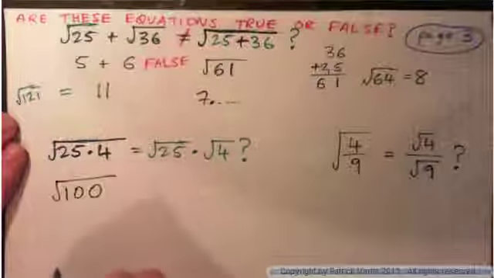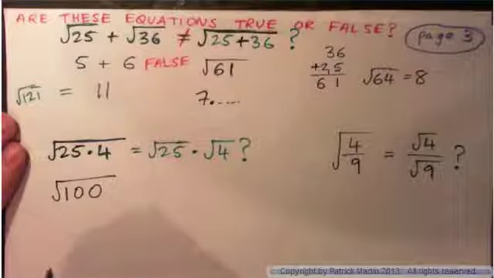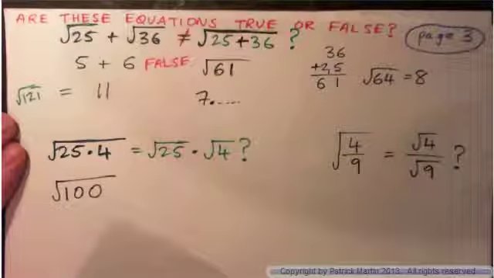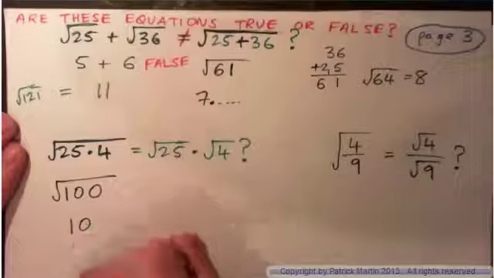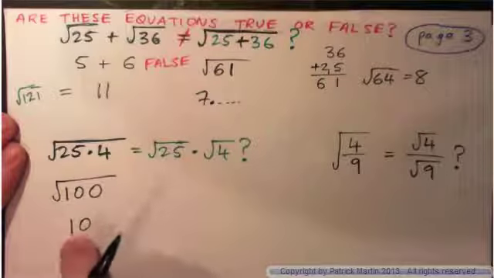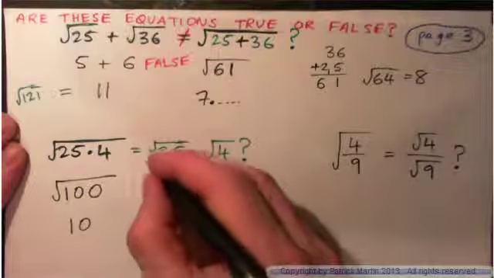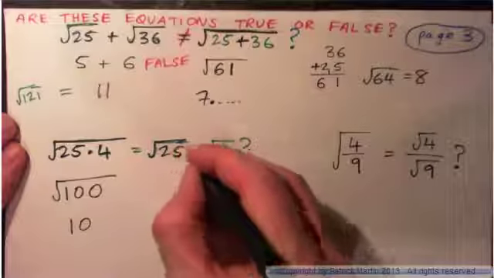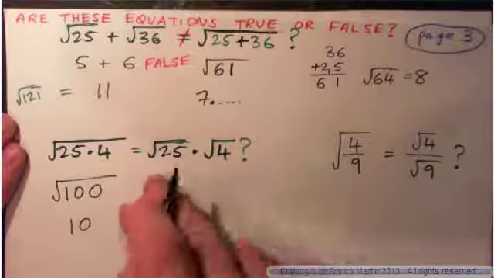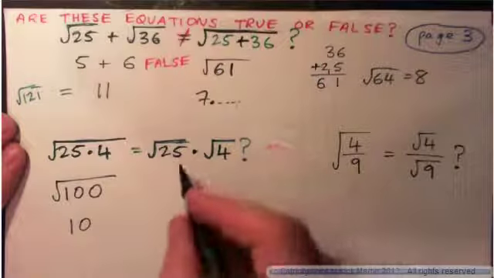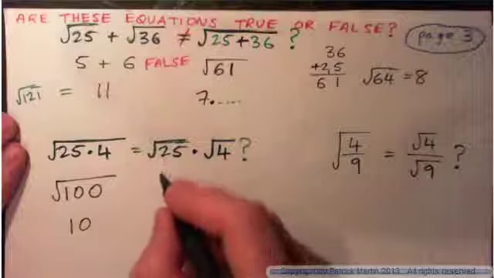What's the square root of 100? What times itself gives 100? The number 10, right? So this turns out to be 10. Now if I calculate this, I need to calculate root 25 and then calculate root 4 and then multiply. Okay? So what is root 25? What is the square root of 25?